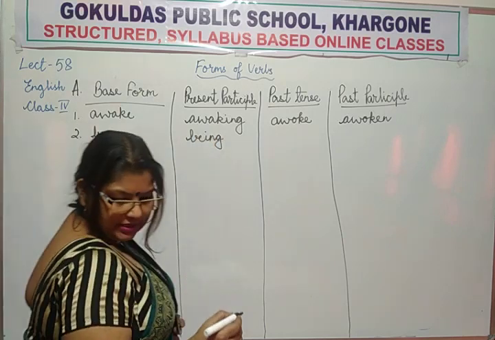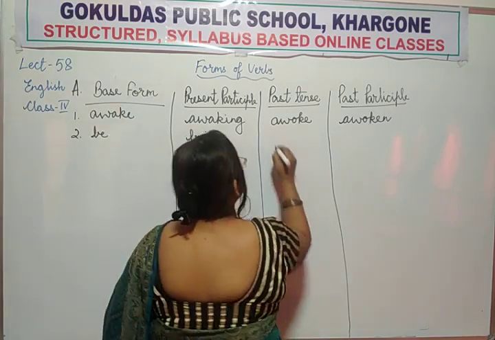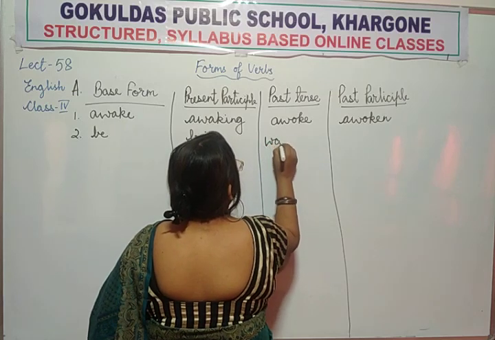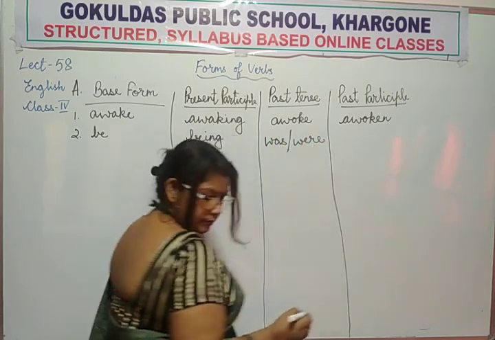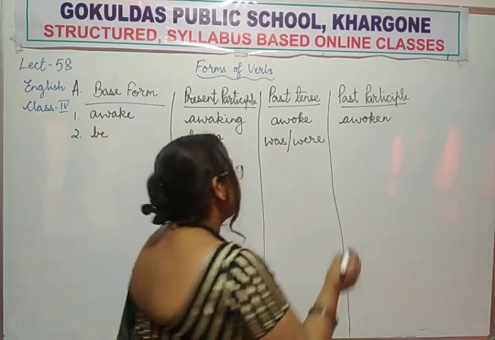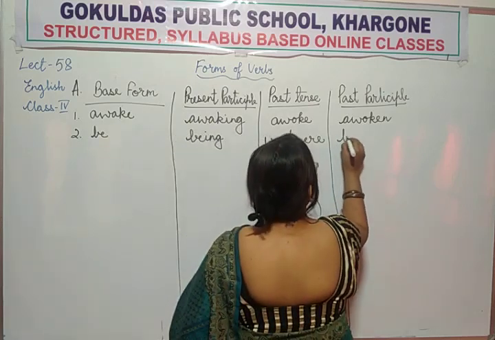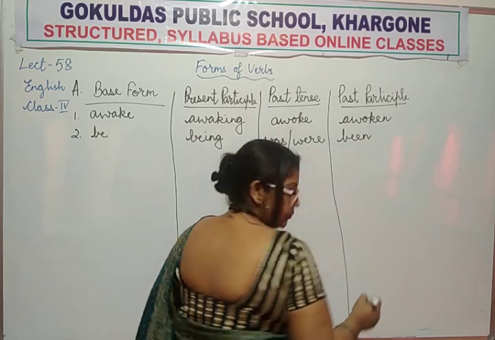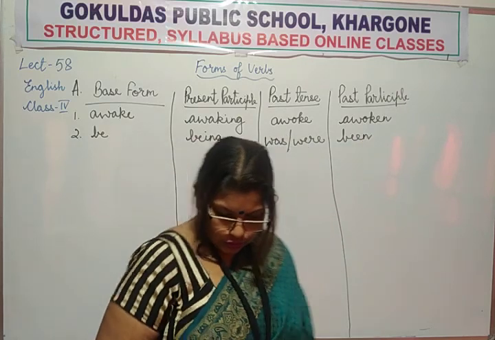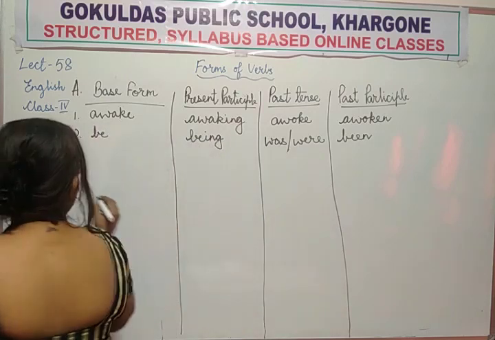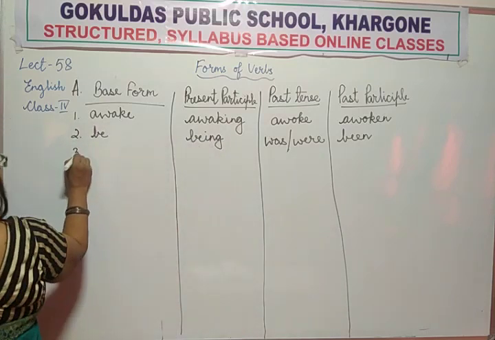Then the past tense becomes was and were. Past participle becomes been. Next one, choose. Number 3.